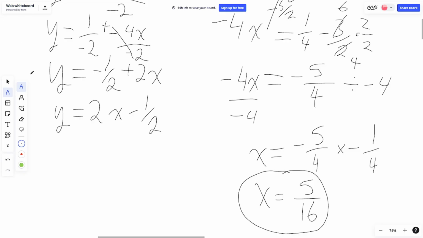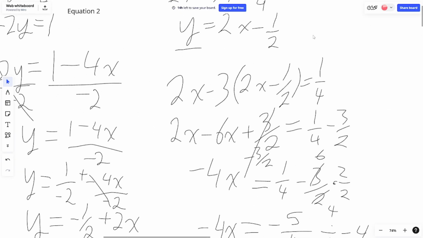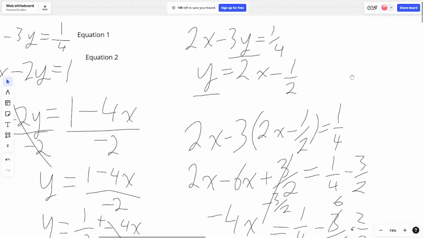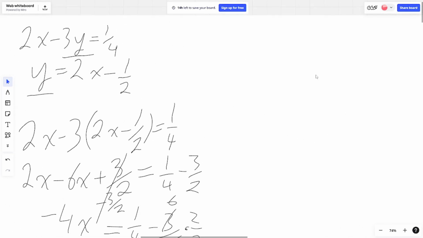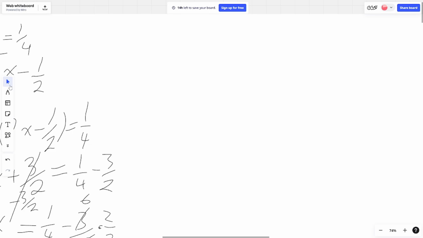Nice. So now we can take this x and substitute it back into equation 1 or equation number 2. I will do equation number 2 as there's not a fraction in that equation. X is equal to 5 over 16, and our second equation is 4x minus 2y is equal to 1.